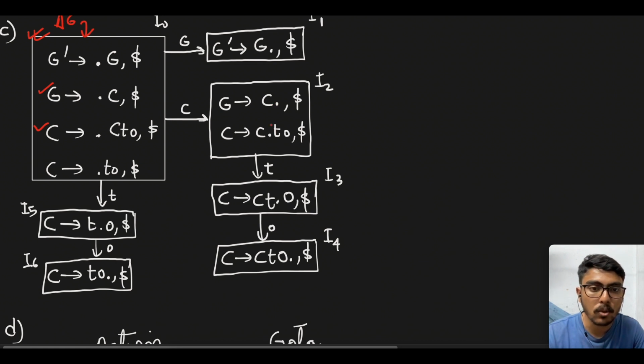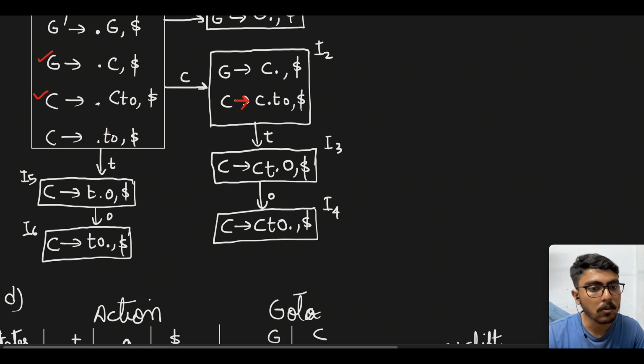So in both of them the dot position is changed, but the look ahead is the same. Why is the look ahead the same? Because this C is derived in the later production, that is this production. So we will copy the look ahead as in the previous state.